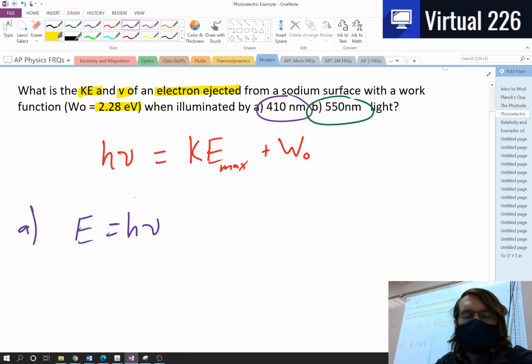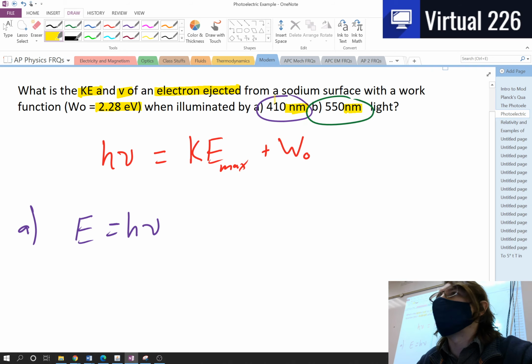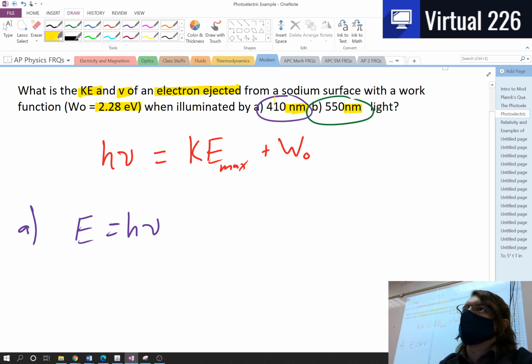Now, something we should note is we're not given frequencies in this problem. We're given values in nanometers. These are wavelengths. But wavelengths are often how we think about electromagnetic radiation, about light.